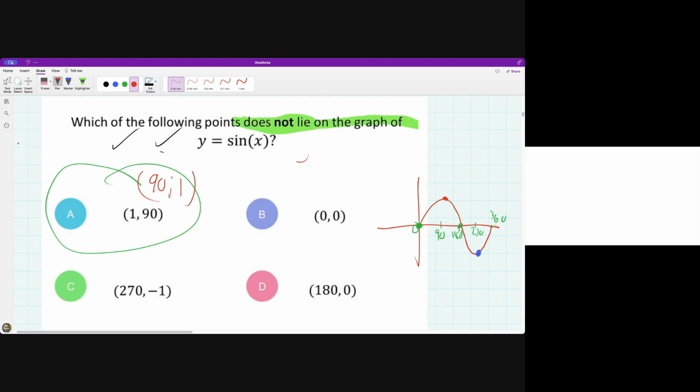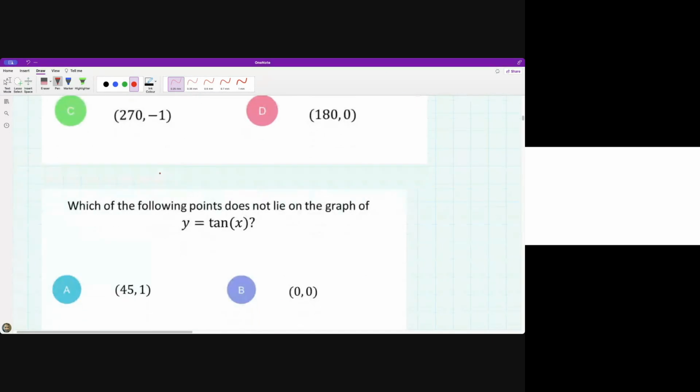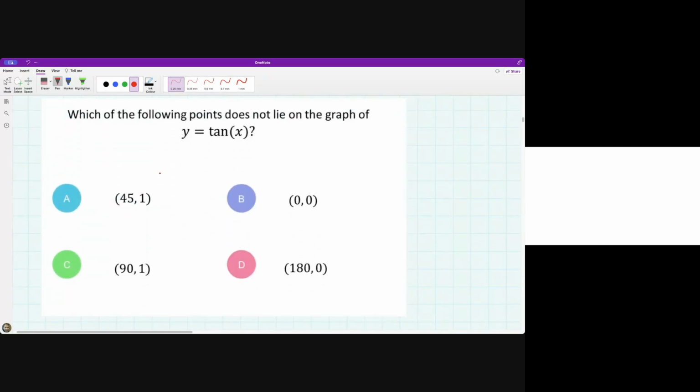Okay, still in the warm-up. Let's go to the next one. Let's see if we can do better on this one. Which of the following points does not lie on the graph of y equals tan x? I suppose a quick way to do this is just to check what is tan of 45.